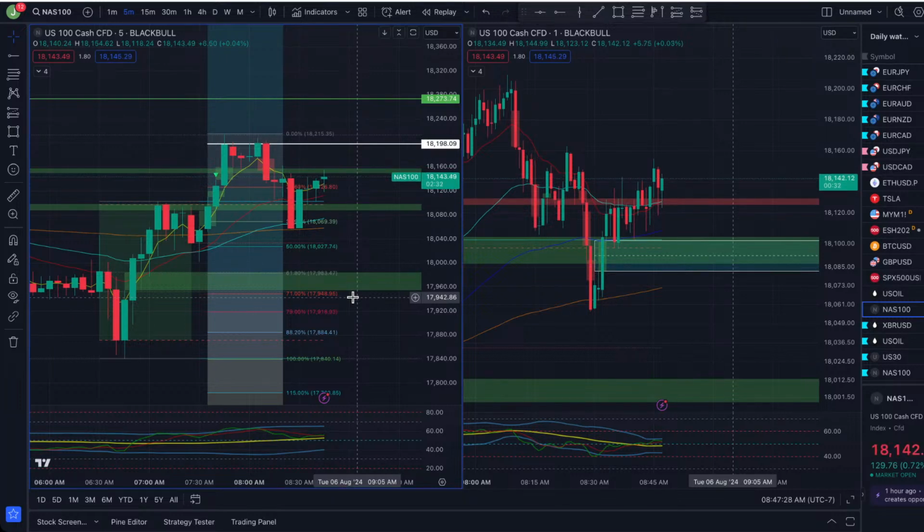Still high probability. Nothing's changed. We just want to see it hit that white line so we can conclude the session for today.